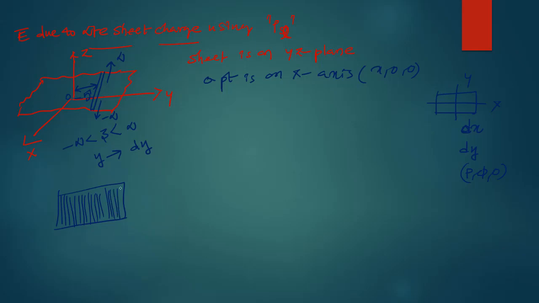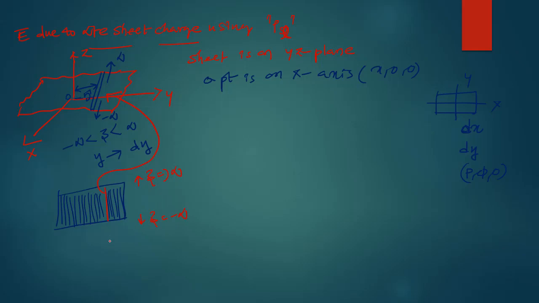Out of all these lines, I am taking one single line, this one, and it is of infinite length, because in this direction z is infinity and in this direction z is minus infinity.